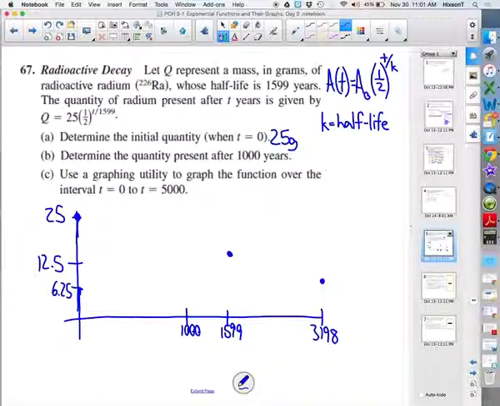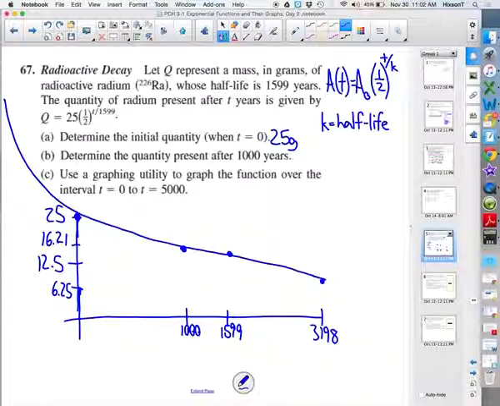So what do you actually get when you punch in 1,000? 16.206. Okay, so we'll just do 16.21, 2 decimal places. And that puts us about right there. And you can see the exponential decay in our model here.